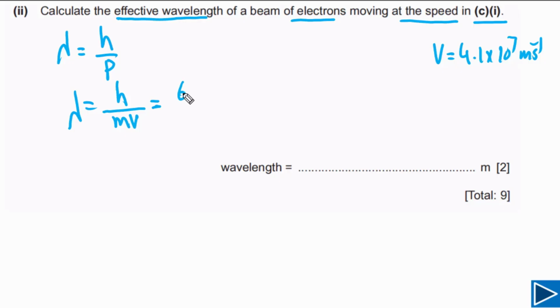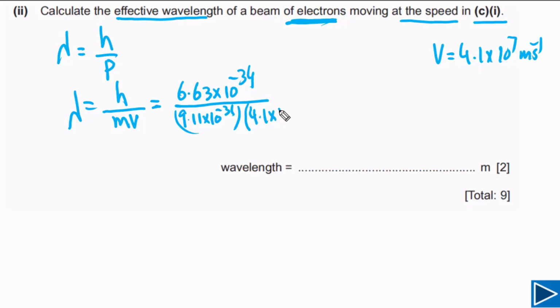Planck's constant is equal to 6.63 times 10 to negative 34 joule seconds, divided by the mass. We are talking about electrons, so we have to use mass of electron, which is 9.11 times 10 to negative 31 kg, and we need to multiply with the speed of electron, which is 4.1 times 10 to 7.